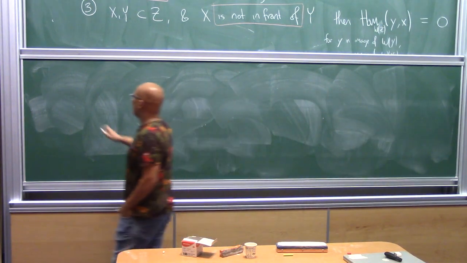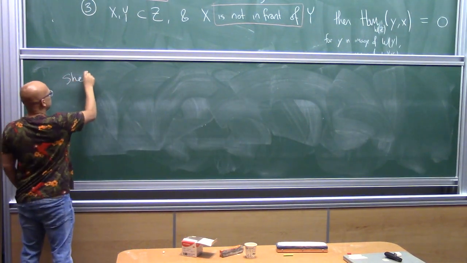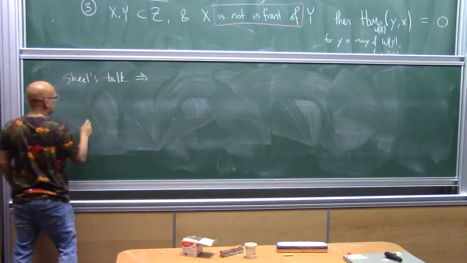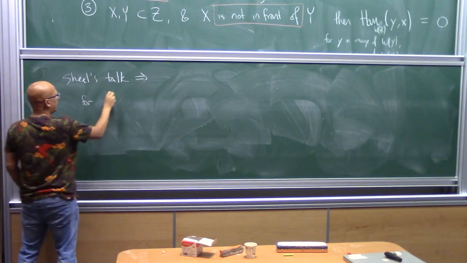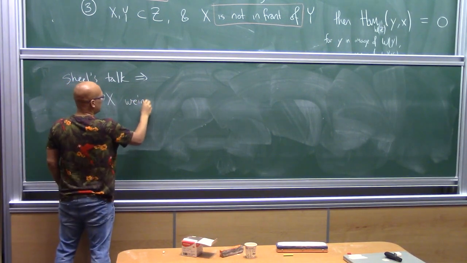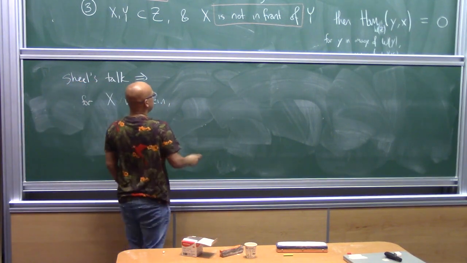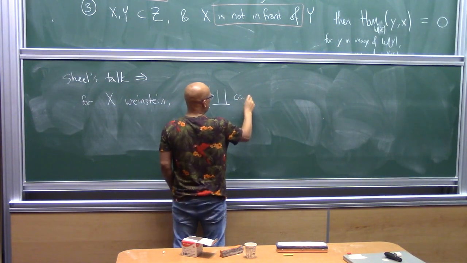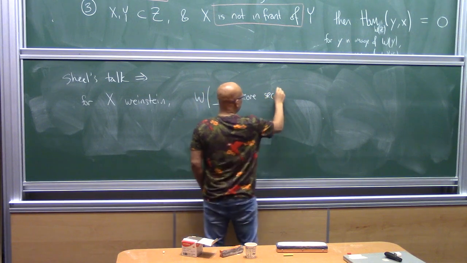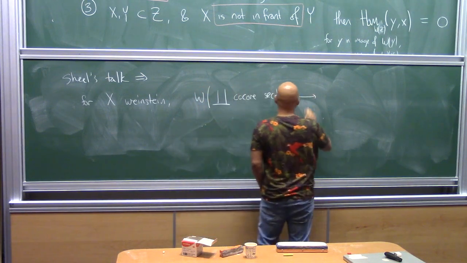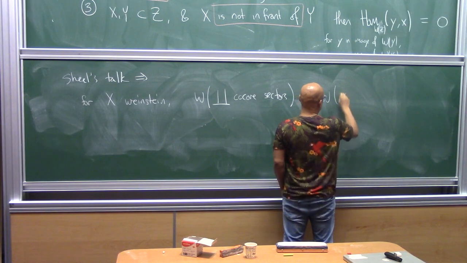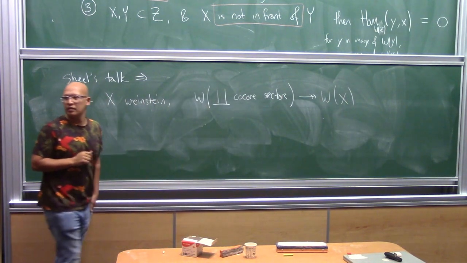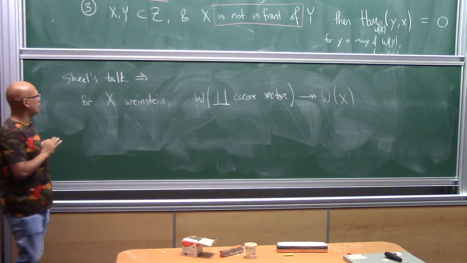Okay, so from Scheele's talk, for a Weinstein manifold, if I take the Kokoi sectors, and this is surjective. So but same argument next time.